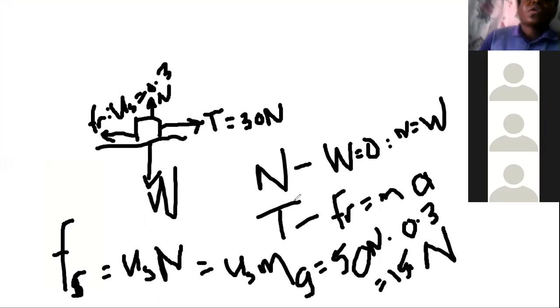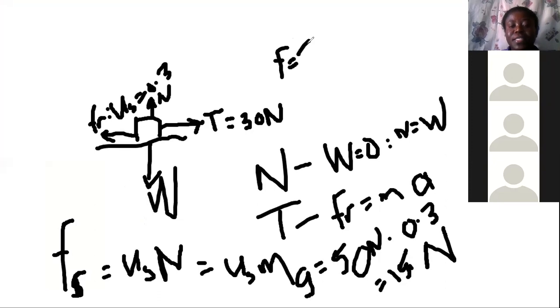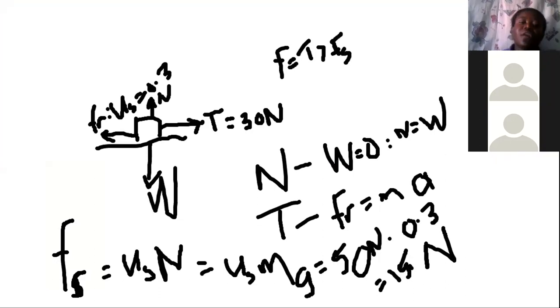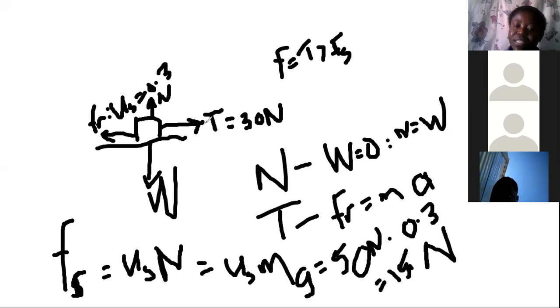15. So we can see that the applied force here, the tension, is greater than the sliding or the static force. Therefore, since the static force is less than the force applied to the object, this object will start to slide.